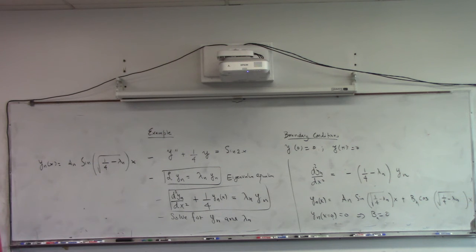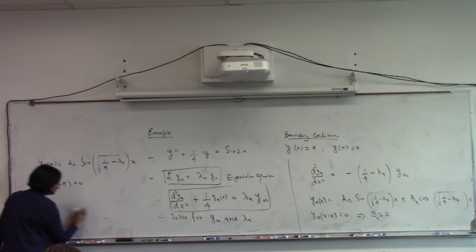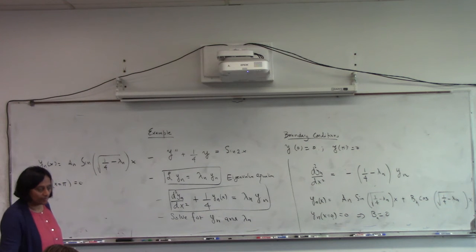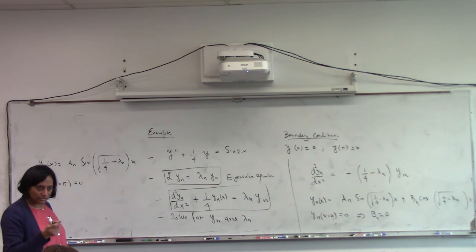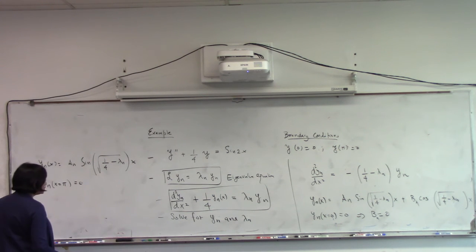So, x equal to pi. The solution and the eigenfunction should satisfy the same boundary condition, because y is expanded in terms of y n. Whatever boundary condition is on y, it's the same boundary condition on y n. I should emphasize that point also. So what does that mean?